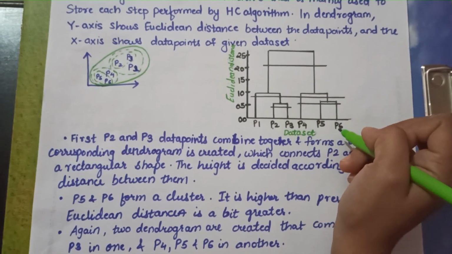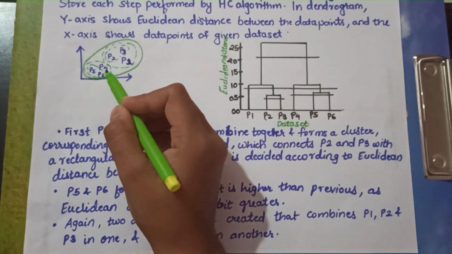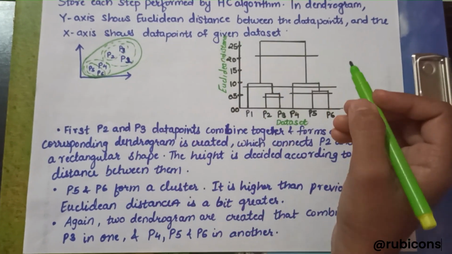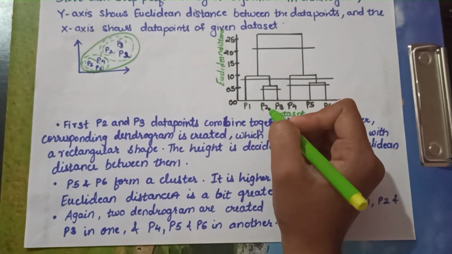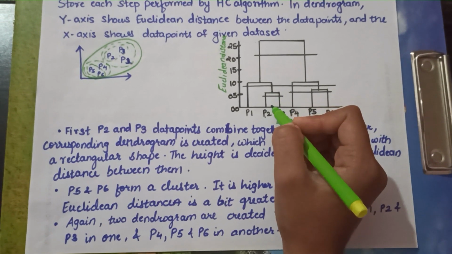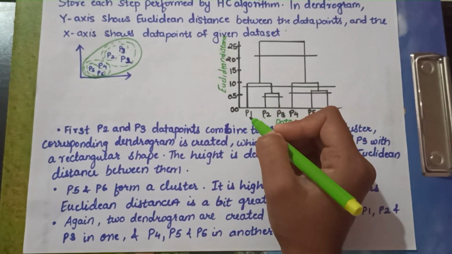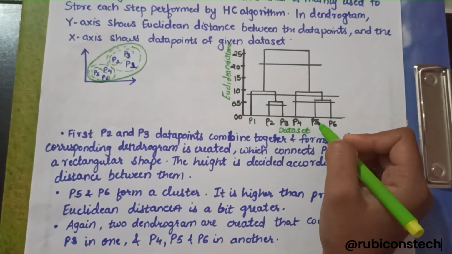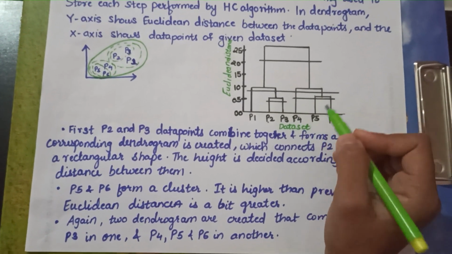After combining P5 and P6, we combined the points P5, P4 and P6 together, and then P2, P3 and P1 together. So we are combining the point P1 with P2 and P3 here. You can see a rectangular shape is drawn which represents the combination of P1, P2 and P3, and similarly P4, P5, P6 are combined together and we have drawn the rectangular shape.